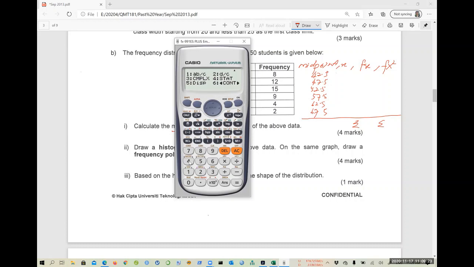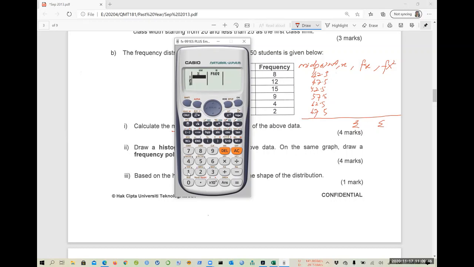So you choose number 4. This is where you can toggle between the frequency and without the frequency. If you want the frequency to appear, you click on, number 1. If you want to remove the frequency, you click number 2, that is off. In this case, we are using the frequency, so number 1.